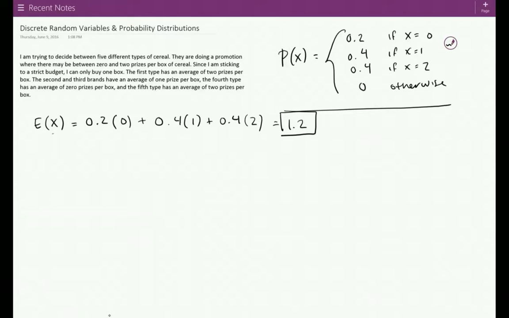Next, we'll calculate the variance. And remember that this formula is the expected value of the random variable squared minus the expected value quantity squared. And that will give something to this effect.